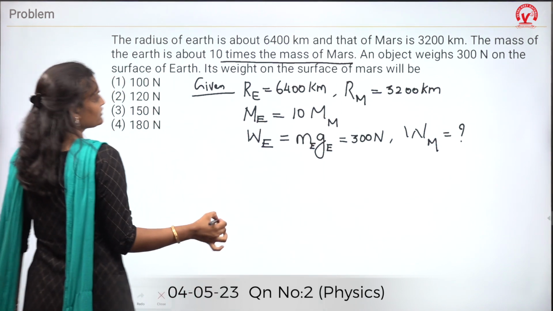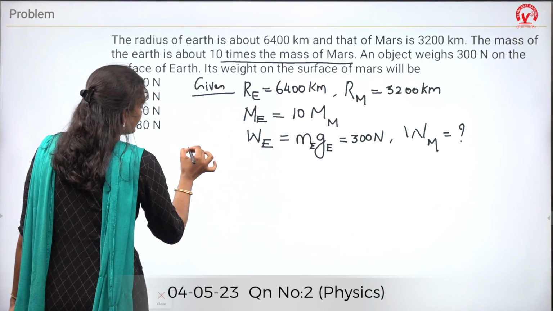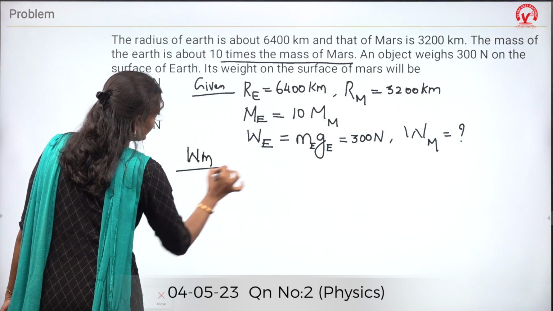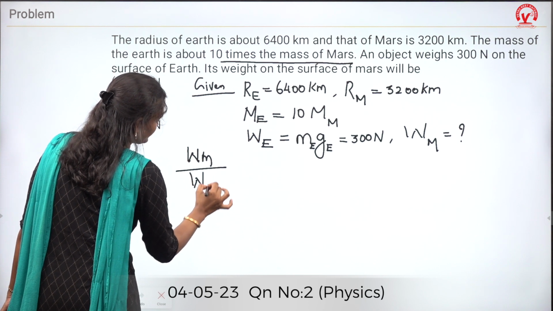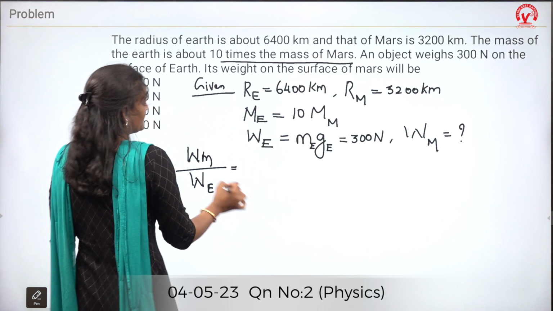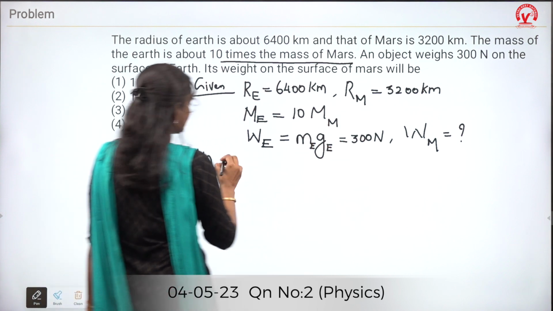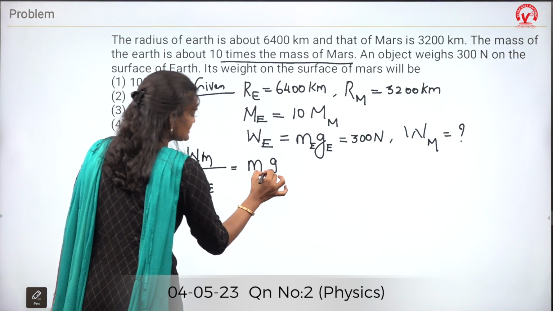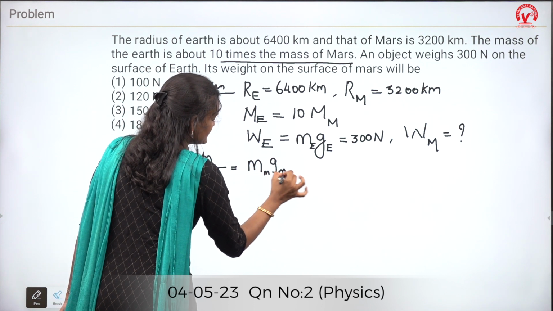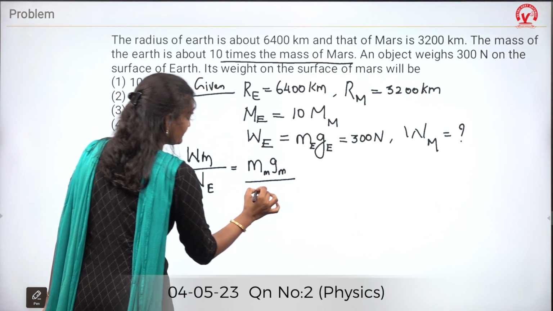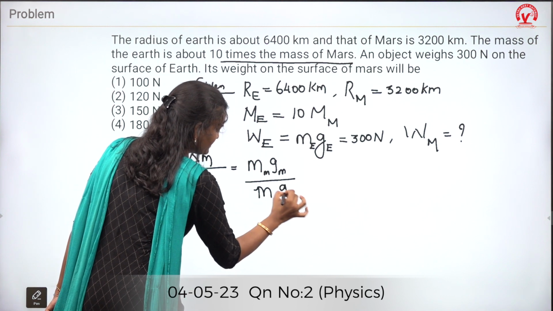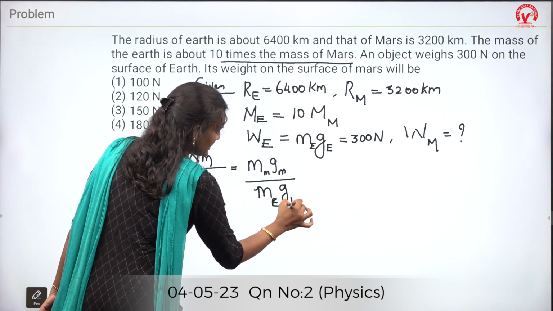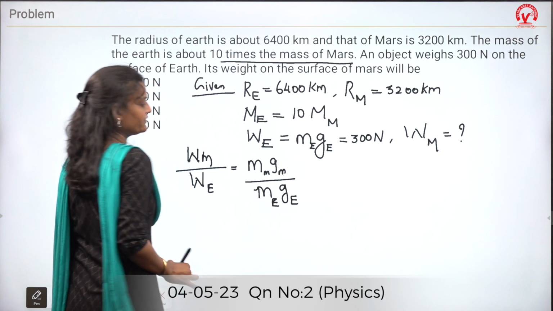This is our aim now. From this we can calculate weight of Mars divided by weight of earth is equal to weight of Mars, that is mass of Mars into g of Mars, divided by weight of earth, which is also mass of earth into acceleration due to gravity of earth.